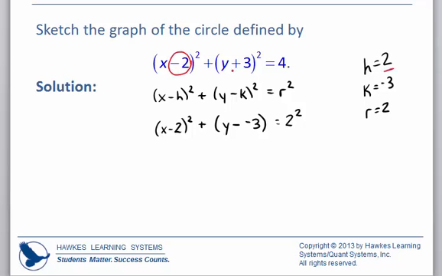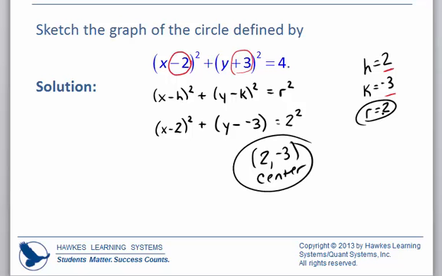And if we see a plus 3, then we should put a minus 3 over here. This works because our standard form equation asks us to do the subtraction, which is the opposite of the number. Either way, we now have a center. Remember, (h, k) is the center, so our center is (2, −3).